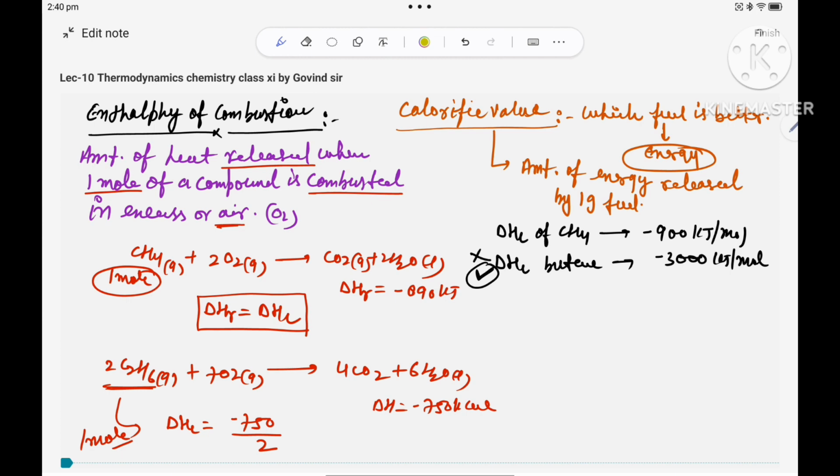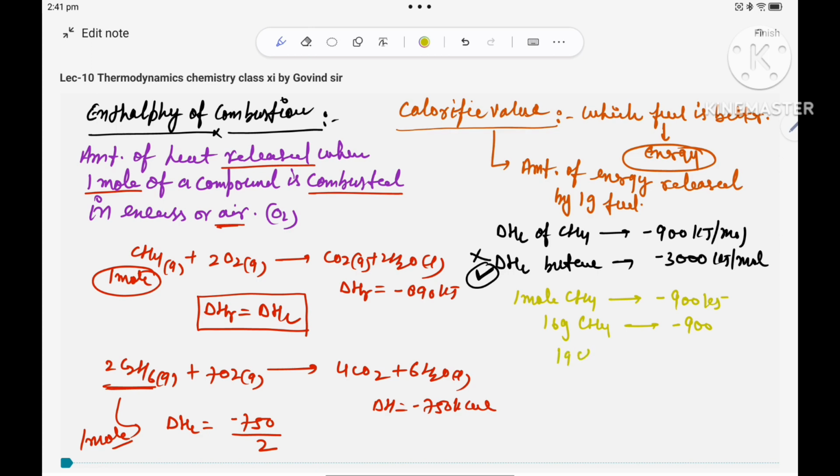Like CH4, like 1 mole CH4 is producing minus 900 kilojoule energy. So CH4 means what? 16 gram. 16 gram CH4 is producing minus 900 kilojoule.